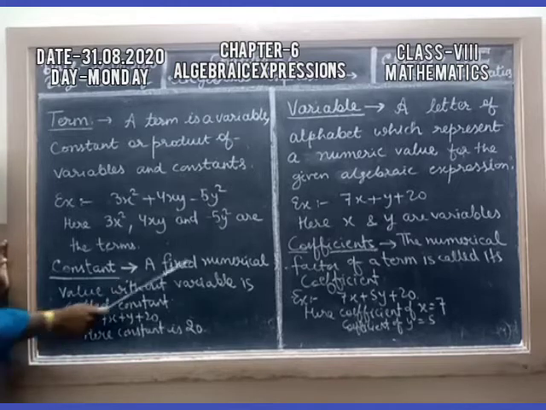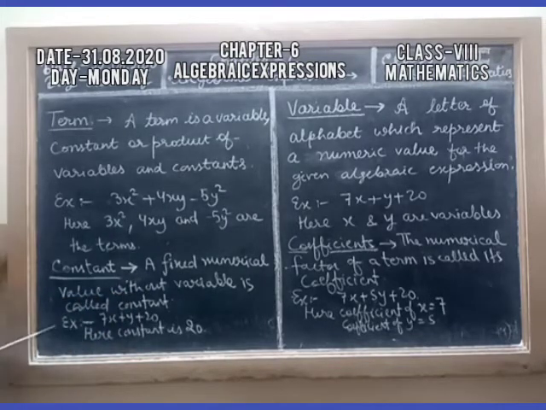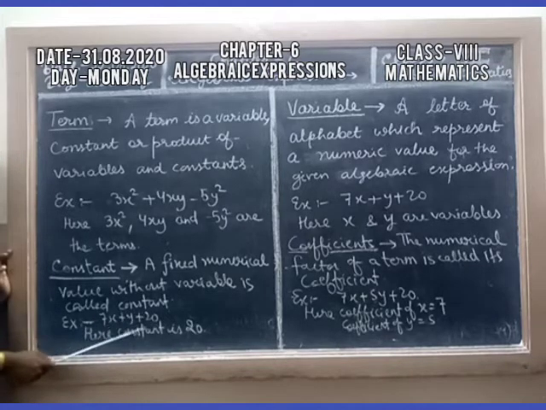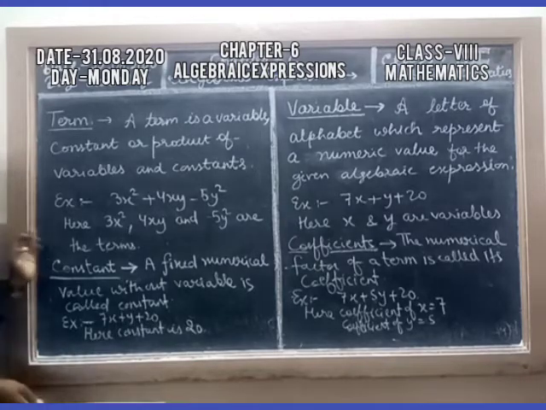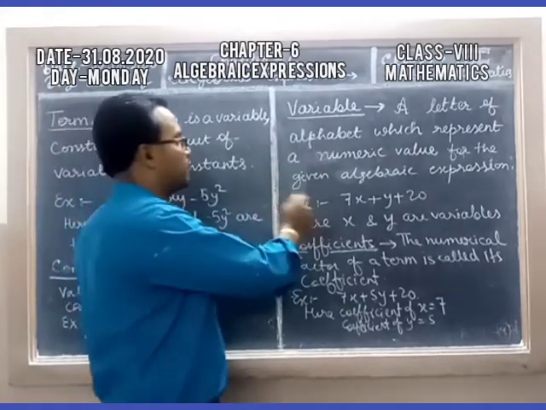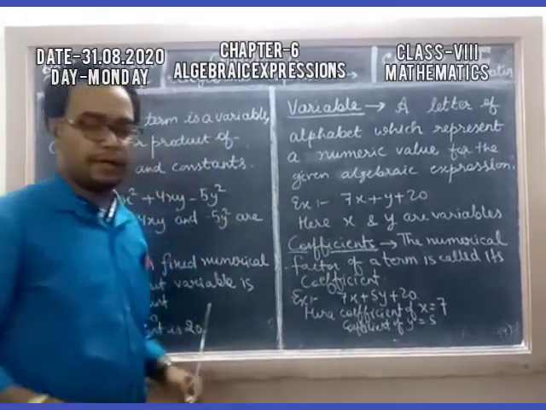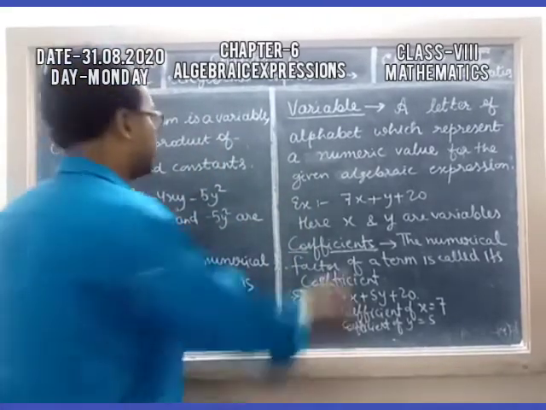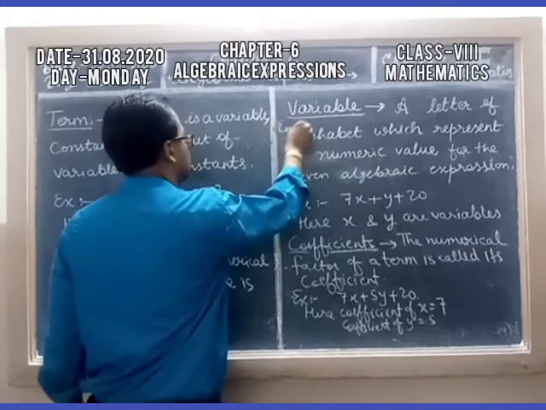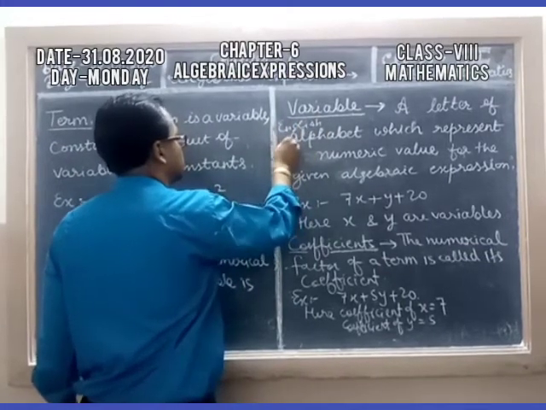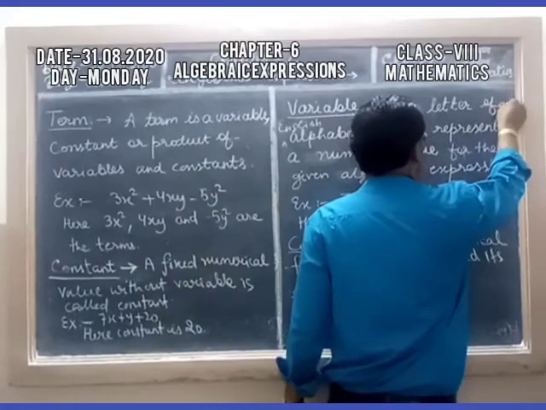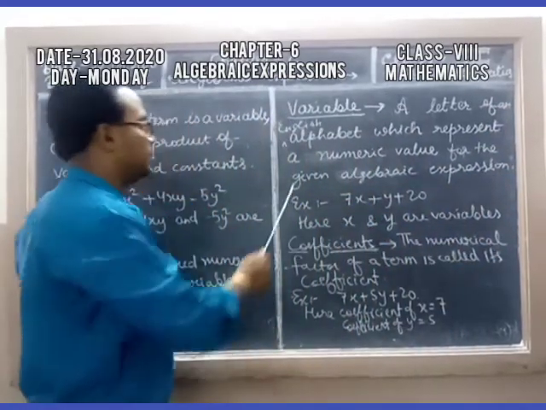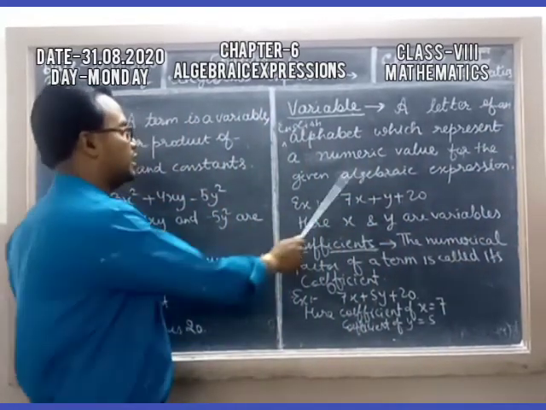Constant: a fixed numerical value without a variable is called a constant. For example, 7x plus y plus 20. Here 20 is the constant term because there is no variable along with 20. Variable: a letter of the English alphabet which represents a numeric value for the given algebraic expression.